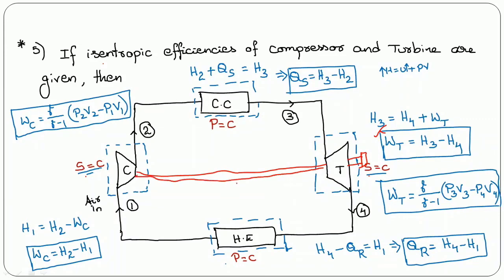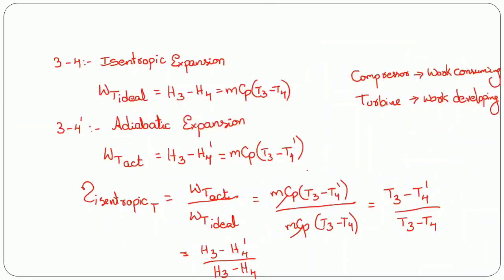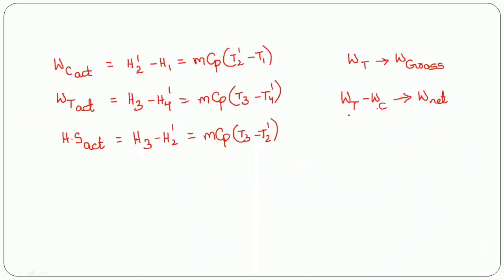So the net work done will be WT minus WC. So WT minus WC will be the net work output. So therefore net work done also we need to take the actual condition. So net work done actual is nothing but WT actual minus WC actual.